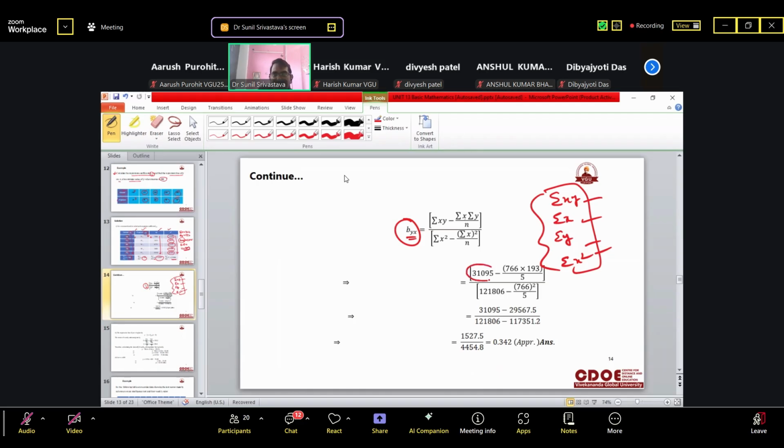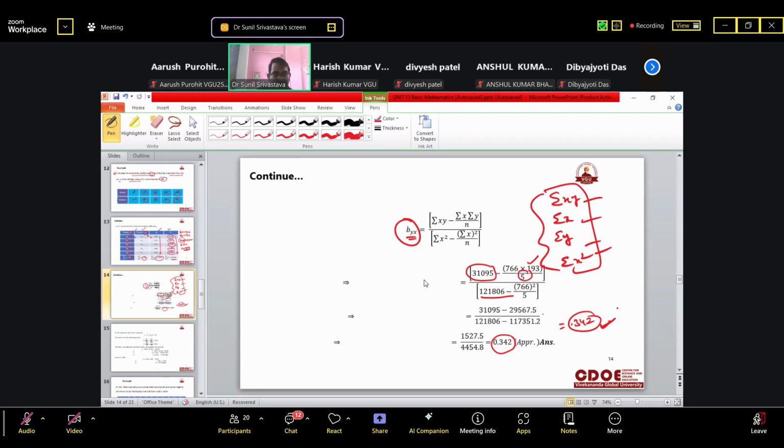Summation of xy is 31,095 minus summation of x, that is 766, times summation of y, 193, divided by the number of terms, 5. And summation of x square is 1,21,806 minus summation of x, 766, whole square by 5. Making the calculation, we get the result of about 3.42. This is the approximate answer of the regression coefficient of y on x for the given approximate data.